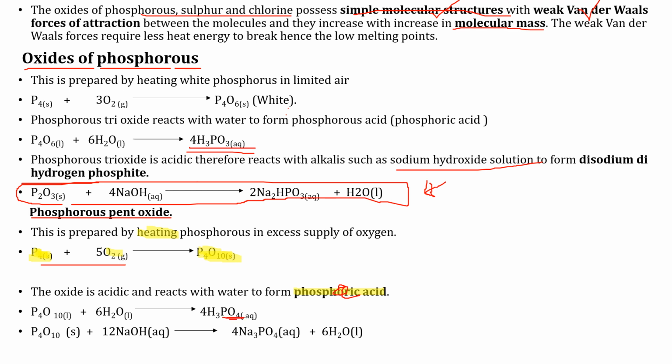So this is called phosphoric acid. When phosphorus pentoxide reacts with water, it will form phosphoric acid. However, if it reacts with sodium hydroxide, it will form sodium phosphate and water. Let me hope you covered this in your O level. So let's proceed to the next slide.